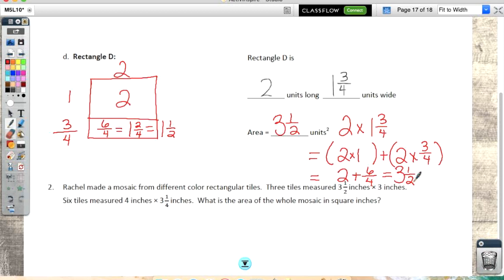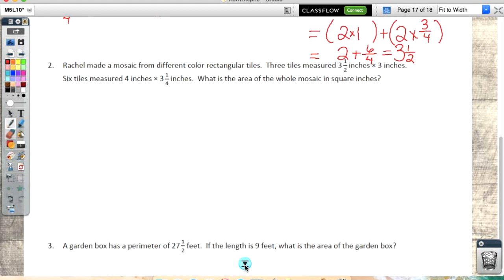Okay, we're going to do this problem. Rachel made a mosaic from different colored rectangle tiles. 3 tiles measured 3 1/2 inches by 3 inches. 6 tiles measured 4 inches by 3 1/4 inches. What is the area of the whole mosaic in square inches?